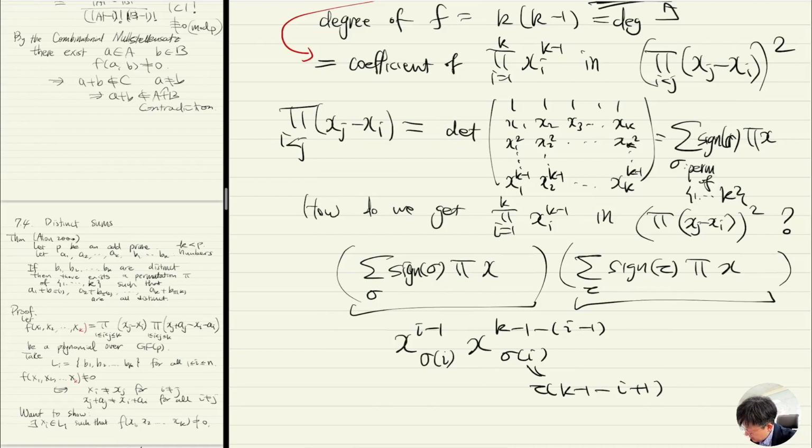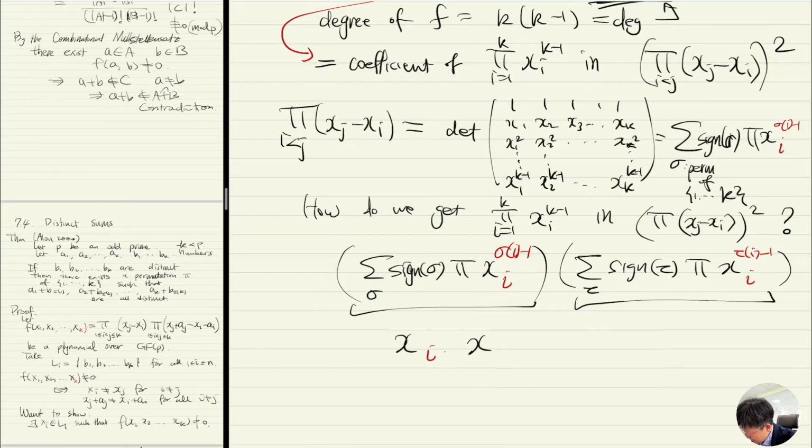Let me write this way. So x_i to the sigma i minus 1, x_i to the tau i minus 1. All right, now it's easier.